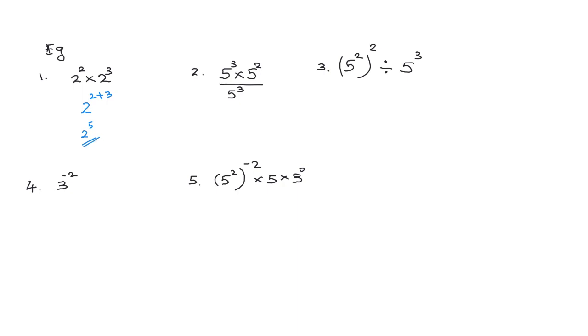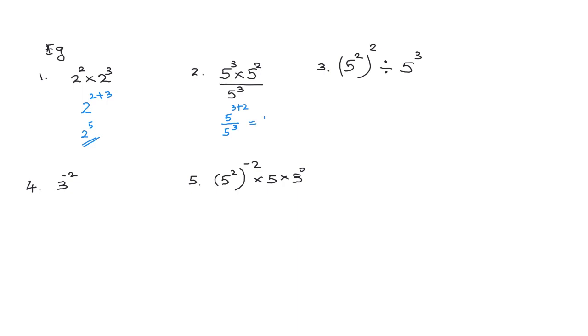Example 2, you have 5 to the power 3 into 5 to the power 2 divided by 5 to the power 3. So, in the numerator, you have 5 to the power 3 plus 2, same base, so we have to add powers, divided by 5 to the power 3.